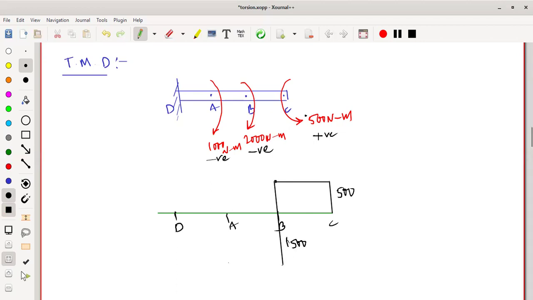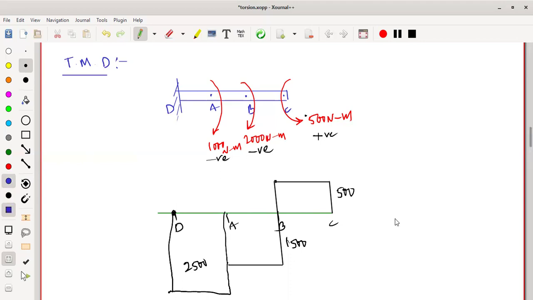Up to B from C, and up to A it is the same. But at A, if you include this one, it is 500 extra 1000 will be there. So this total height you can write as 2500. And finally, it reaches D. So it is called the twisting moment diagram. This diagram you have to learn and you have to do while solving the problems.